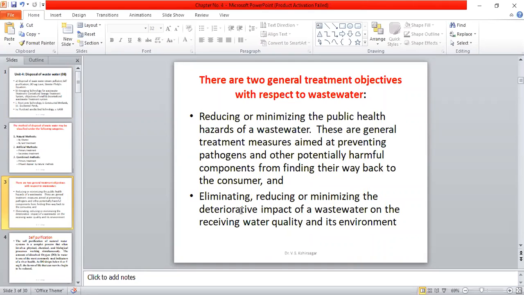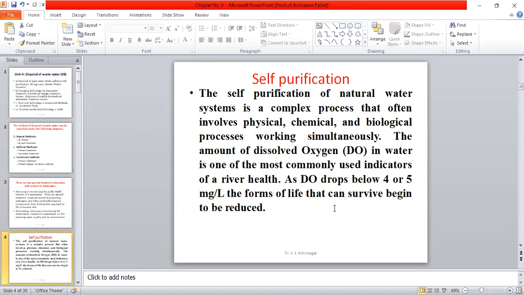The first is to reduce public health hazards, and the other is to reduce the deterioration of the stream, which is affected by the addition of wastewater from the various cities or industries.